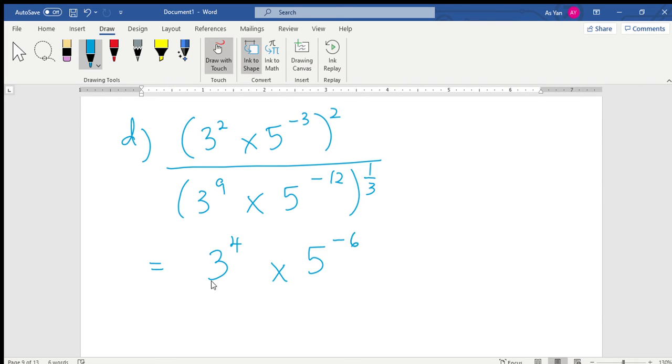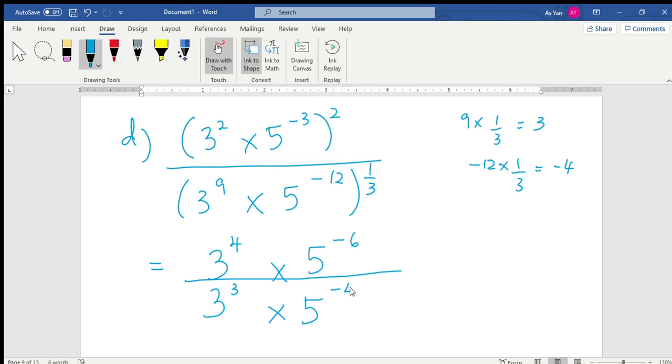Over, okay, 3 to the power of 9 times 1 over 3, so 9 times 1 over 3 equals 3, so 3 to the power of 3, times 5 to the power of negative 12, so negative 12 times 1 over 3 equals negative 4, so 5 to the power of negative 4.